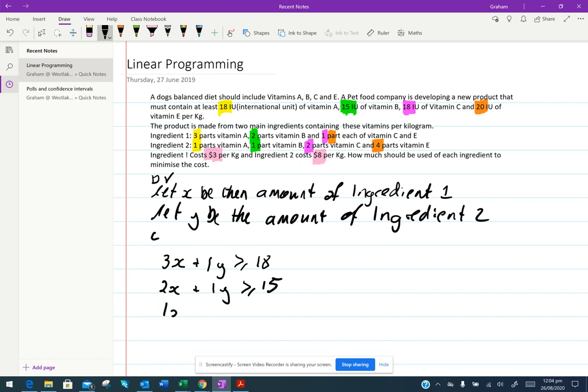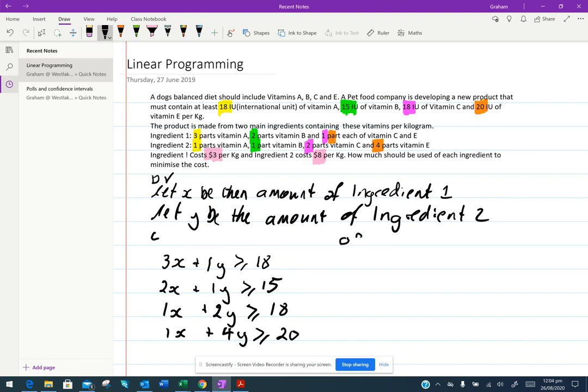Third one is 1 part of ingredient 1 plus 2 parts of ingredient 2 must be at least 18. And lastly, 1 part of ingredient 1 plus 4 parts of ingredient 2 must be at least equal to 20. So those are my constraints.